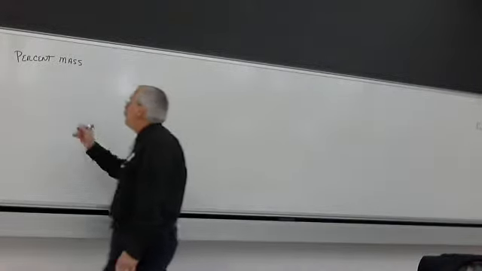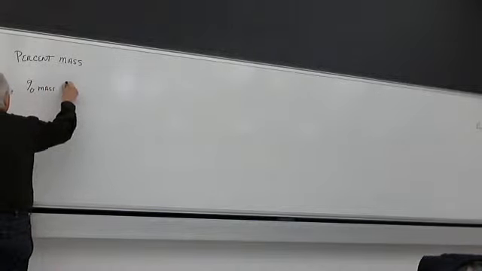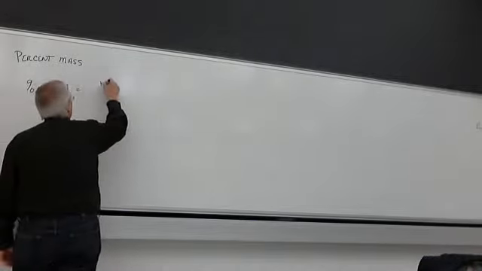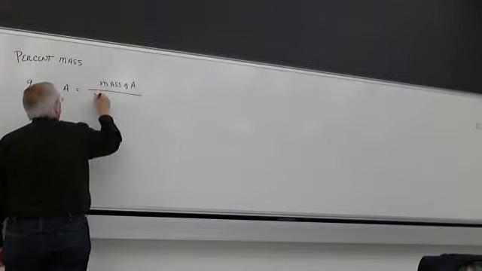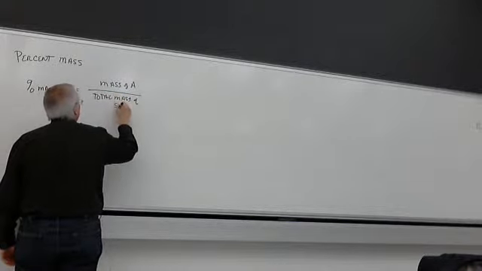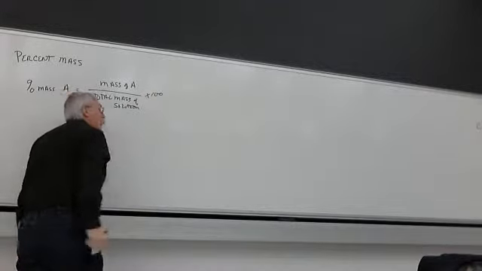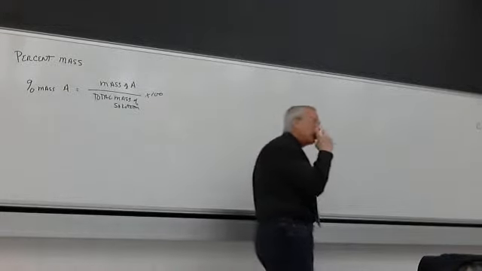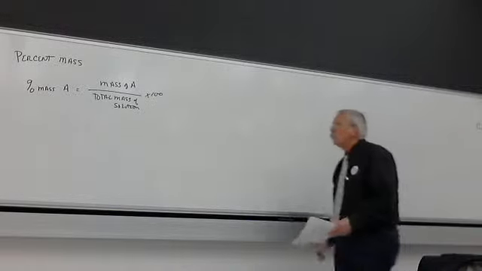We can define percent mass of some component, let's say A, as the mass of A over the total mass of the solution, times 100. A fraction times 100 changes it into a percentage, and this is how we do the calculation.